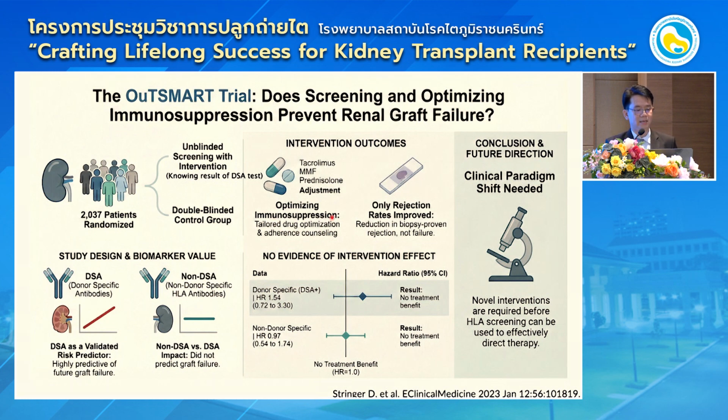What happened? In the intervention group, monitoring DSA increased the immunosuppression. They reached the outcome only by decreasing rejection for the patient, but the long-term outcome, according to graft failure, was not different compared to the control that didn't monitor the DSA.